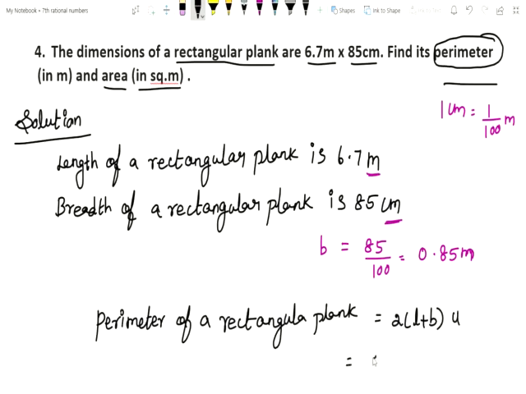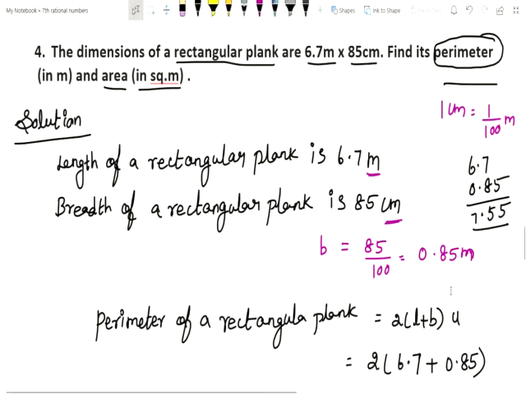Substitute the value: 2 into (6.7 plus 0.85). What will you get? 6.7 plus 0.85. 5, 15, 5 remaining 1, 7. So 7.55.